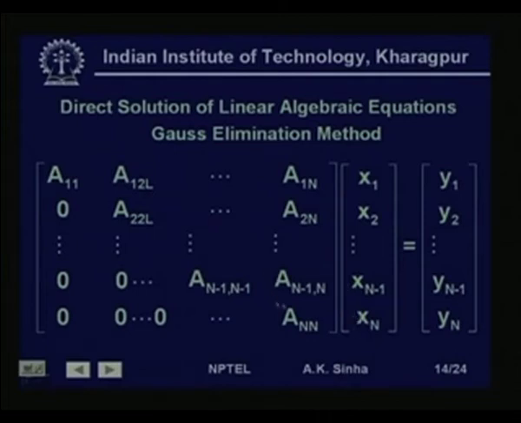Knowing this value, substituting it here, we have only one unknown x_(n-1), which can again be found out, and so on.